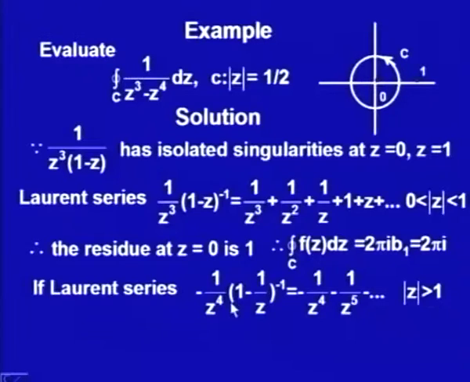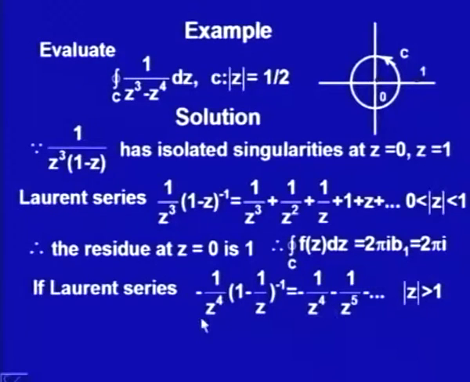So, I am writing this expansion as 1 plus 1 upon z plus 1 upon z square and so on. If I multiply it by minus 1 upon z to the power 4, I would get minus 1 upon z to the power 4 minus 1 upon z to the power 5 and so on. What it says is I am not having any term of 1 upon z, that is, the coefficient of 1 upon z is 0.